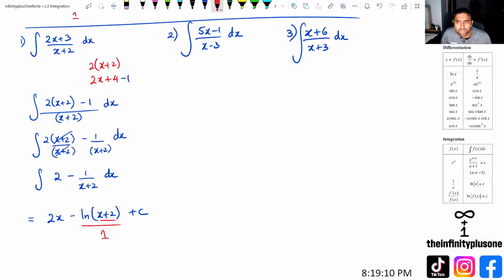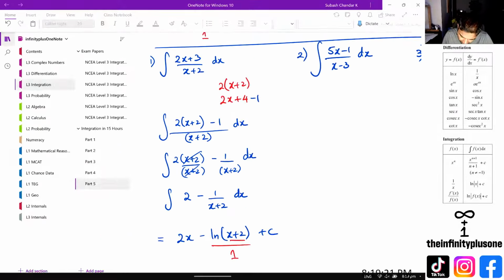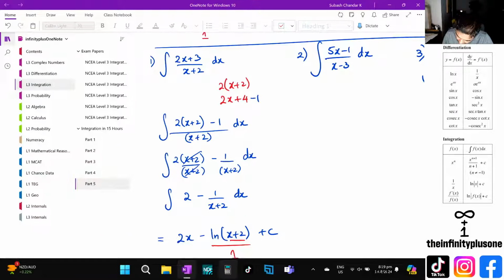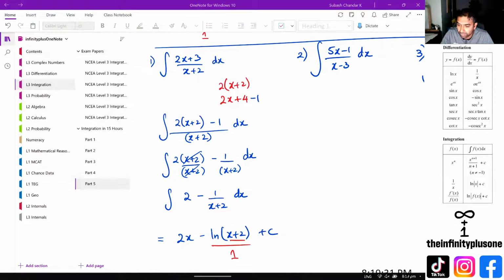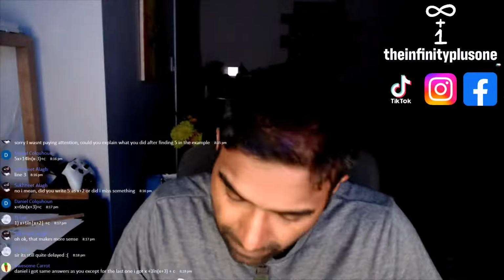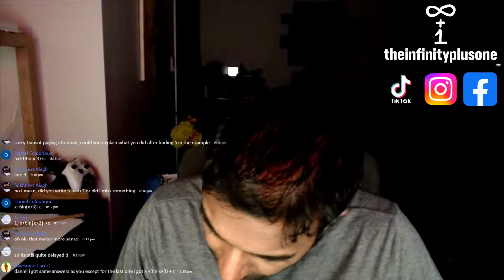Yeah, I don't know why it's delayed. The only sole purpose of this tablet is to run this. Let's get rid of that. Hang on. I'm just going to get rid of a few things.